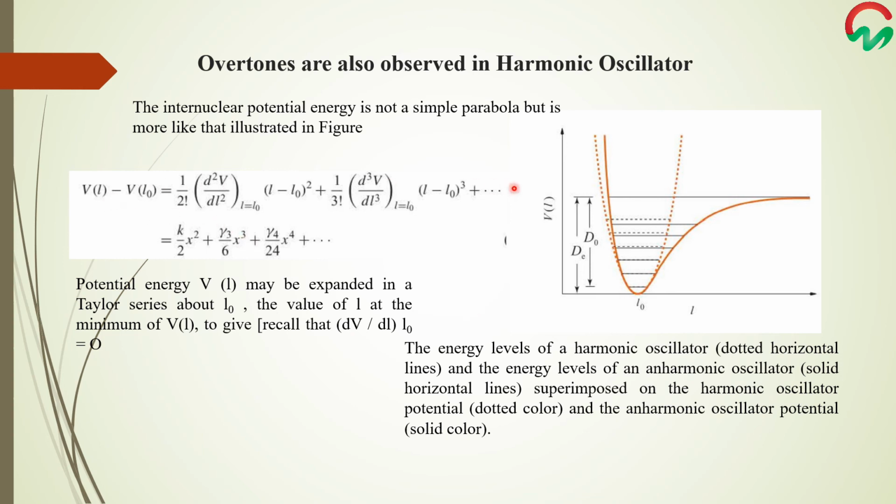And this Taylor expansion is shown in this equation, where x is the displacement of the nuclei from the equilibrium separation, k is the force constant due to Hooke's law, and gamma j is equal to d^jV by dl^j at l equals l naught.